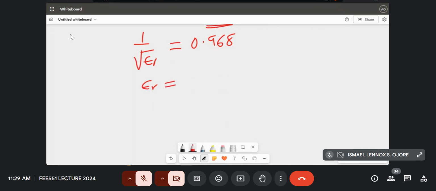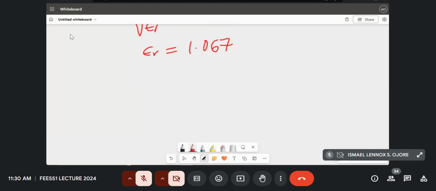So we find that for the cutoff frequency to be at 6.6 gigahertz, the value should be 1.067. So it means that for propagation to occur, therefore, εr must be greater than 1.067.